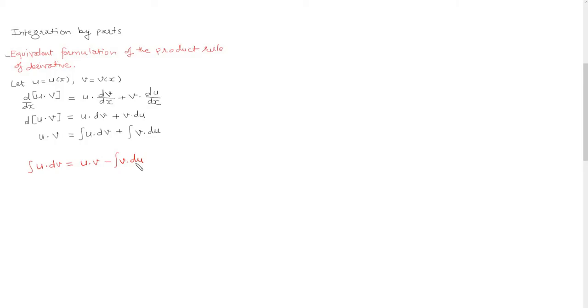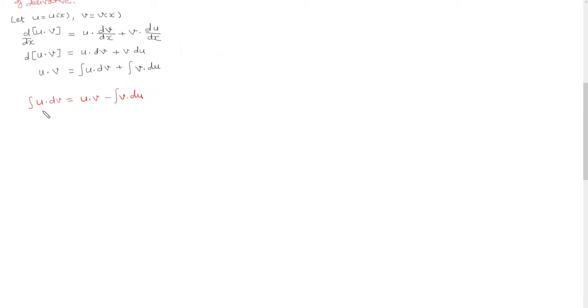So here you can see that we easily derived the formula for integration by parts using the product rule of derivative. Here we need to understand that we choose the function u to be differentiable and the function v should be integrable. Okay, so let's take note of it.